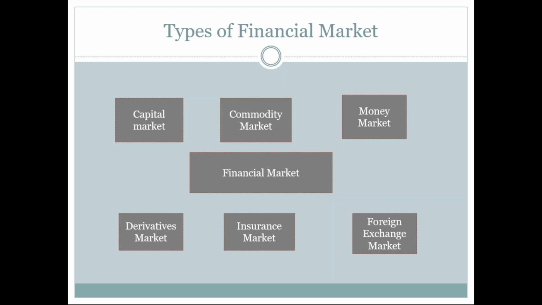So the chance of default will be less in case of futures, but in case of forwards, when there's no middleman involved, the chance of default will be high. Suppose the price of cotton goes up to 3,000, then the person with whom you have entered into an agreement to sell it for 2,500 might not pay you that amount.